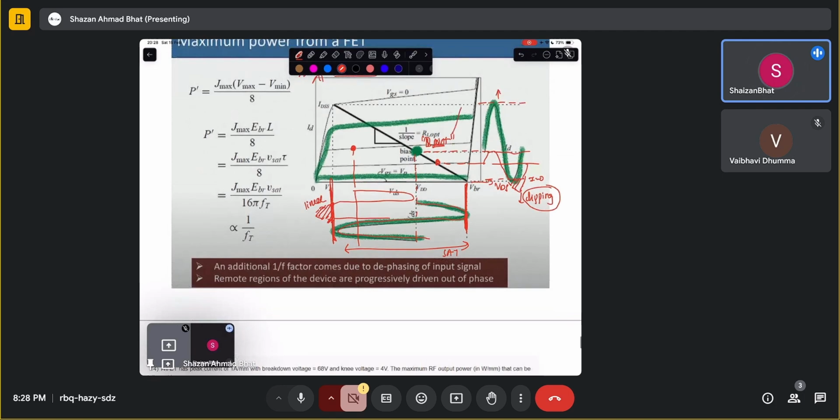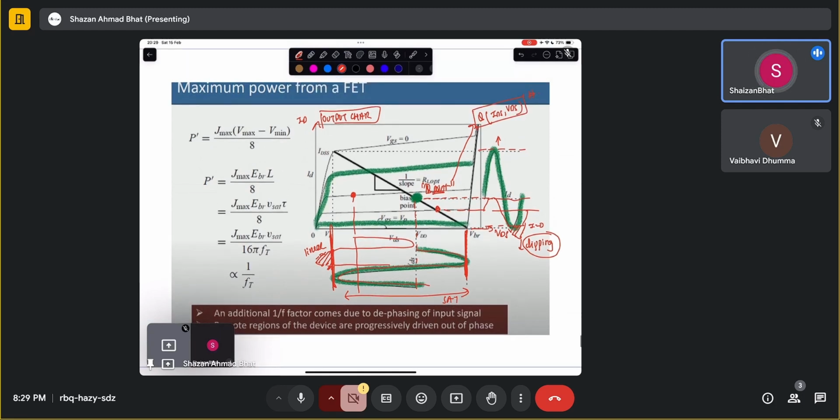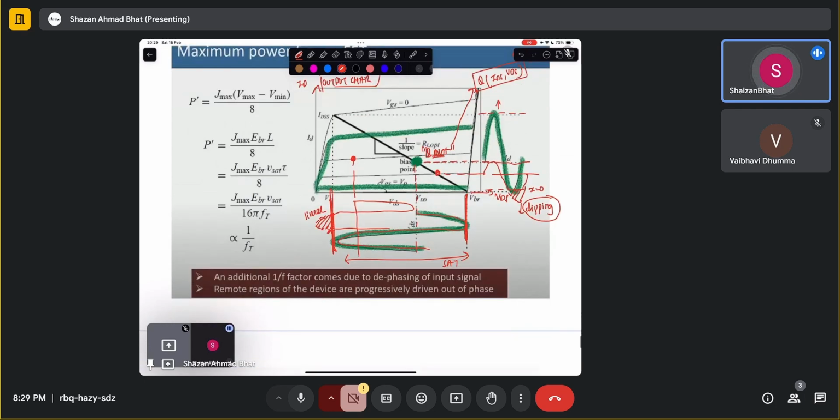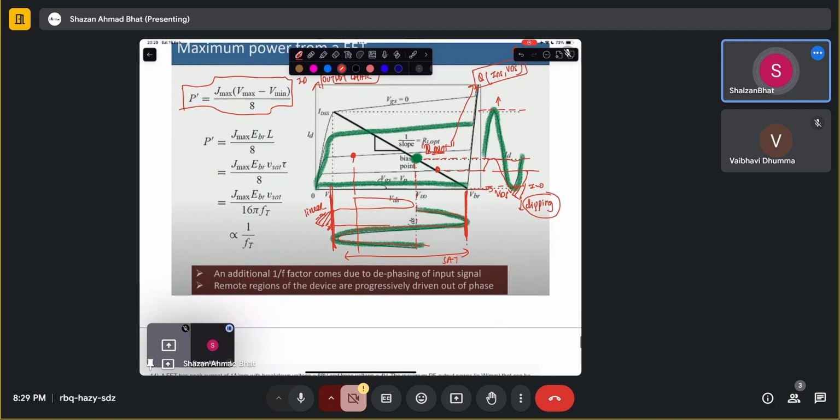So this Q point is basically a function of IDS, VDS. This is a very important factor. And there is a relation that the maximum power you can get out is dependent upon Vmax and Vmin, where Vmax is the breakdown voltage, and Vmin is the VD sat, the saturation voltage.